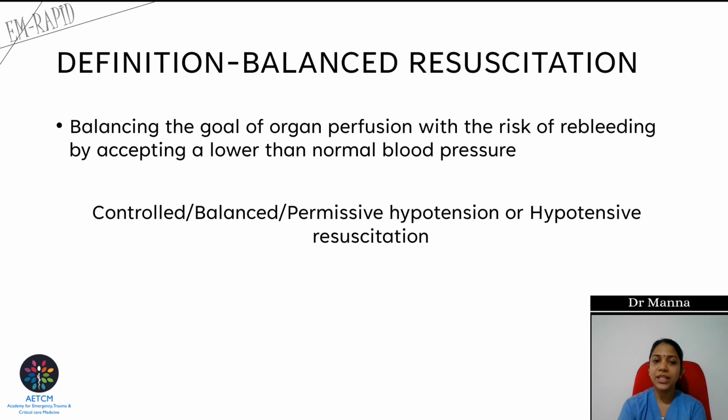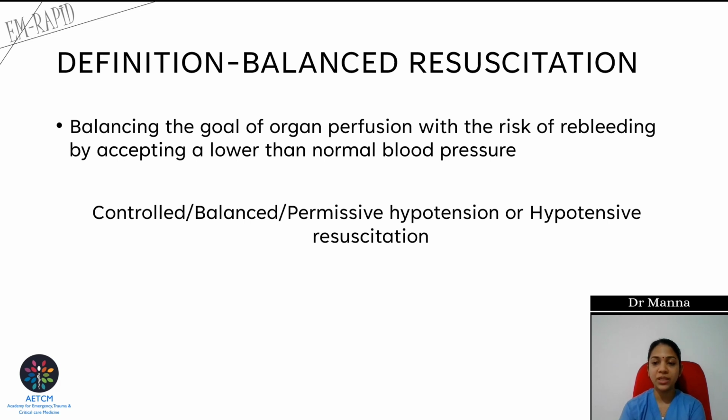That means balancing the goal of organ perfusion with the risk of rebleeding by accepting a lower than normal pressure. Otherwise, it is called controlled resuscitation, controlled hypotension, balanced hypotension, permissive hypotension, or hypotensive resuscitation. So we will not be targeting a normal blood pressure for a patient.